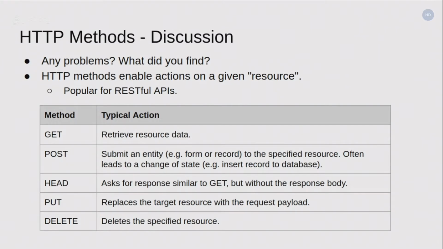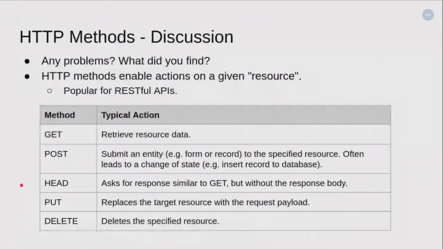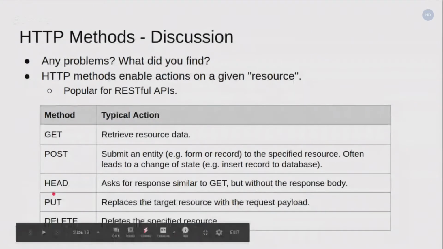So when we're posting in the API context, typically what it means is I'm giving you a record that I want you to insert into a database. That's typically the interaction that you have. We talked about HEAD already, so that interaction is kind of known. You're basically requesting to get back just the response headers from the web server, not the body. If you're doing a PUT interaction, then you're asking to change a record.